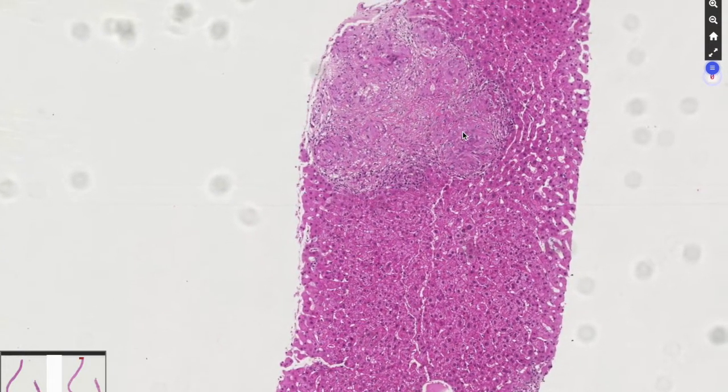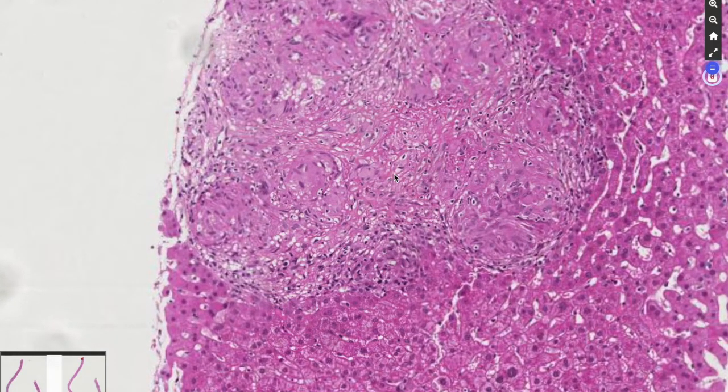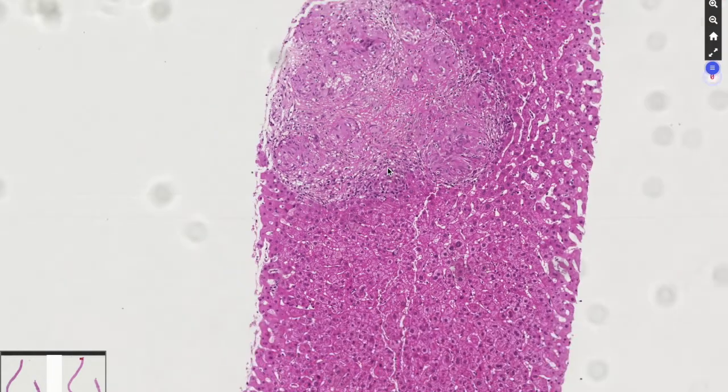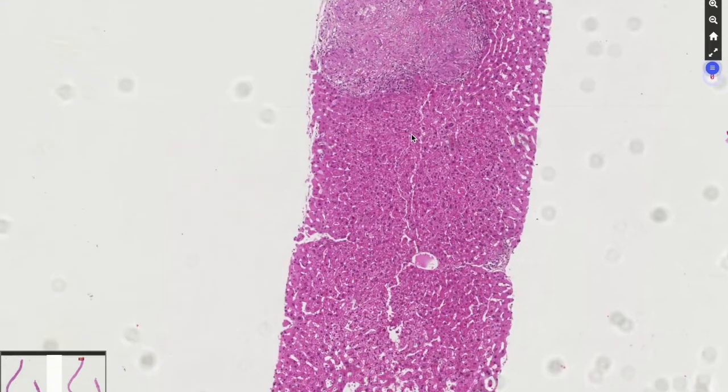You have here the liver parenchyma, and what you can see is numerous epithelioid granulomas. They are located mainly in the portal tracts.